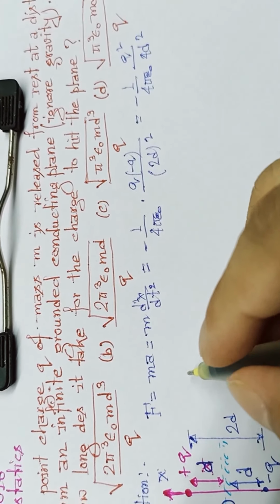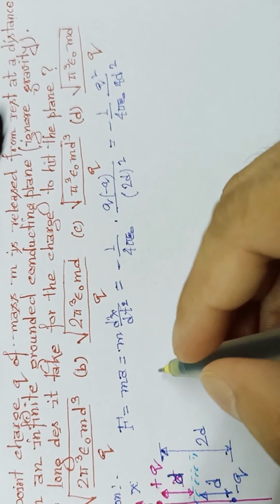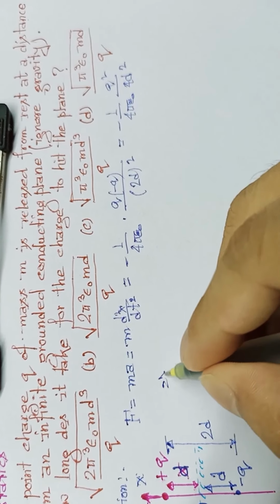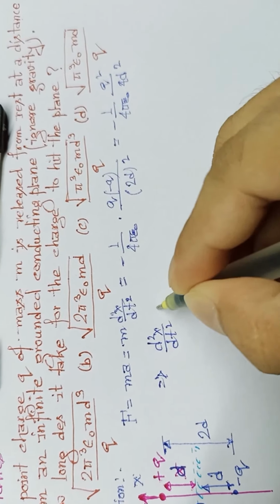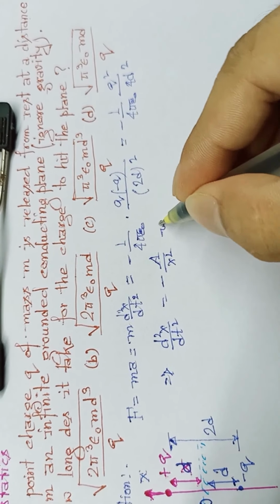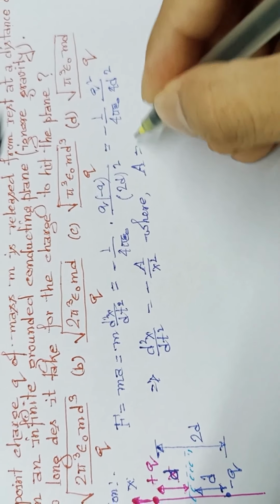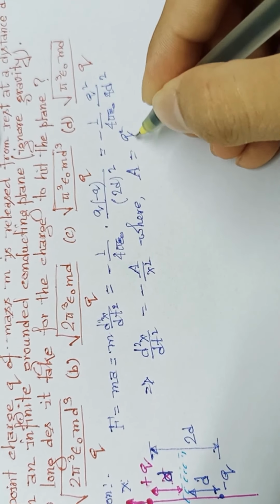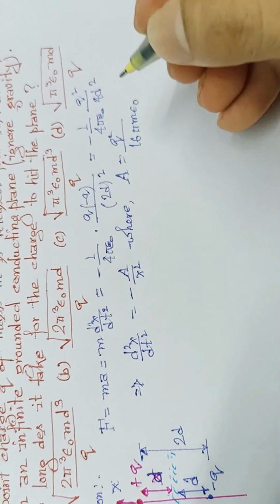Now for this acceleration, we can write d2x with respect to dt square is equal to minus a divided by x square, where a is equal to q square divided by 16 pi m epsilon naught.